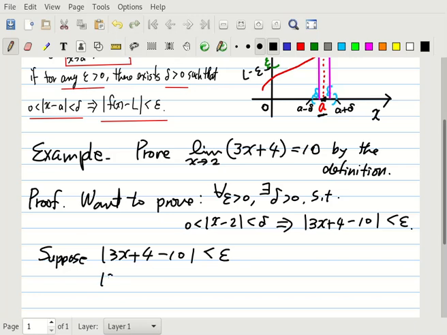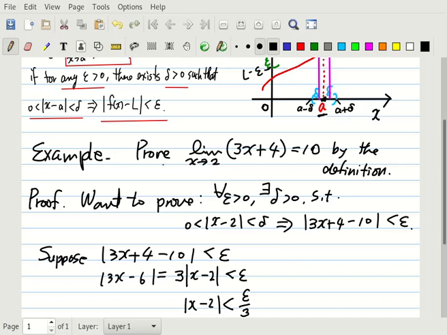So that means 3x minus 6, which is 3 times x minus 2, is less than epsilon. That means x minus 2 is less than epsilon over 3.